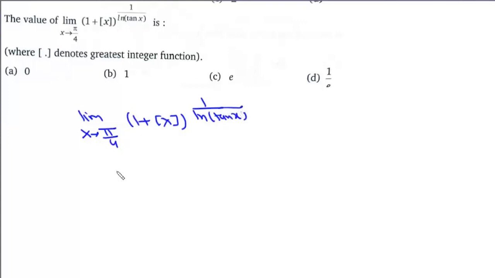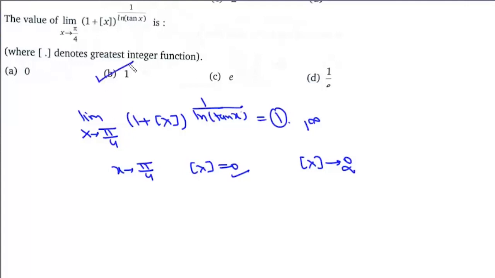Now in this case we must know that when x approaches pi by 4, the greatest integer function of x is 0. Now this greatest integer function takes an exact value. It cannot take a limiting value. So this form is not of the form 1 to the power infinite. So this limit is just going to be 1, and that's your option B.